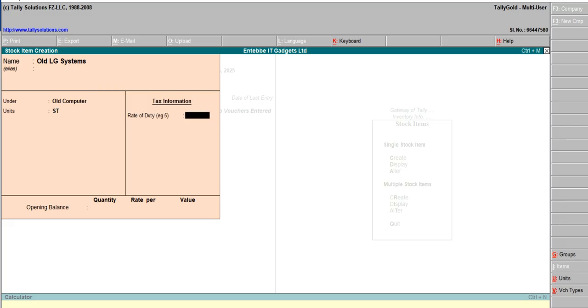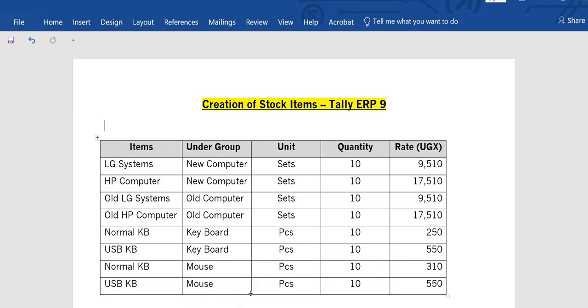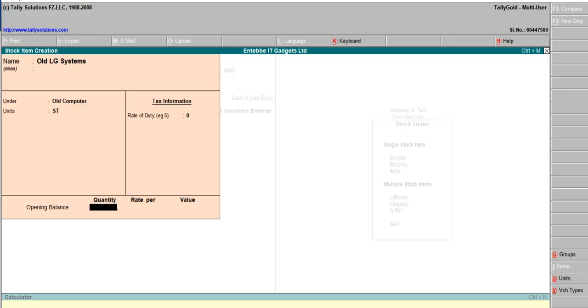Rate of duty, I've told you we can ignore that for now. What is the opening balance in quantity for the old LOG systems? That is 10. And the rate is 9,510. Enter, then accept.